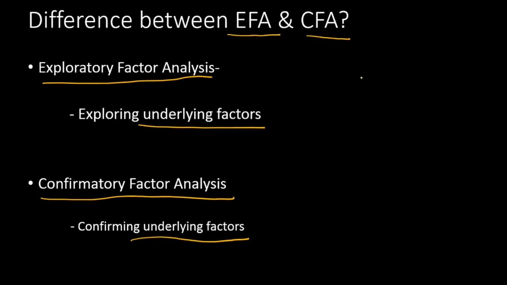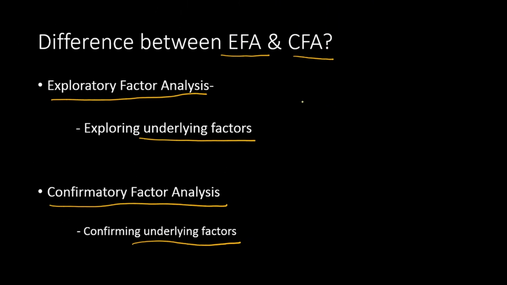Let me give an example. It will be clearer. We're doing customer satisfaction, so we have survey data. Say from 1 to 5, some people have given ratings on customer satisfaction.